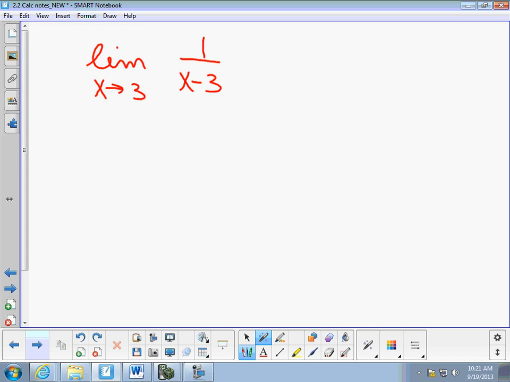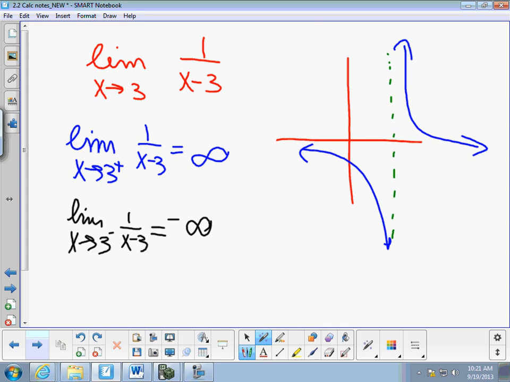So just a quick example. Back from last year, we should recognize that this is a limit at 3. There's going to be an asymptote, and it looked something like this. And so a one-sided limit here is I approach from the right. Well, as I approach 3 from the right, I'm going to positive infinity. As I approach 3 from the left, I'm going to negative infinity. Those limits don't exist. Existing has to be a number.